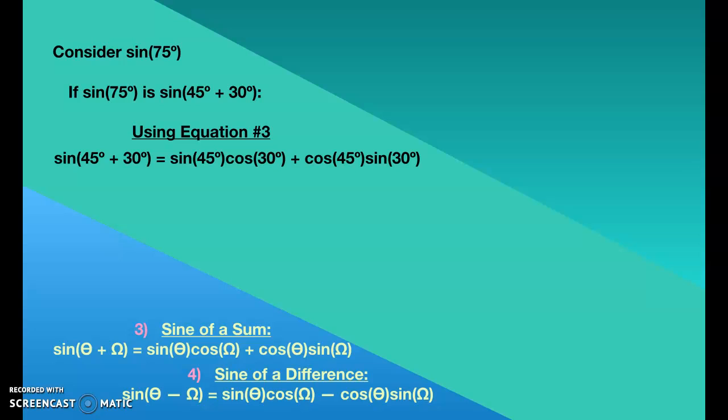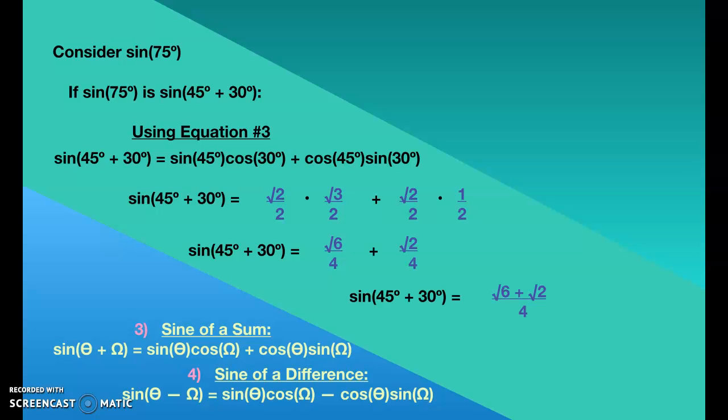Make sure you're subbing the right degrees in. And then from there, we know sine of 45, we know cosine of 30, cosine of 45, and sine of 30. Multiply the left, multiply the right, add them together. And yeah, this answer looks exactly the same as the last one, because on the other one we were 15 degrees up from the x-axis, and on this one we're 15 degrees down from the y-axis. Symmetry, baby. It's beautiful.